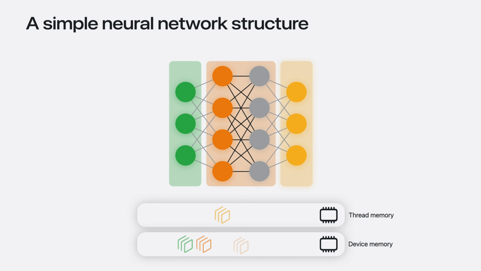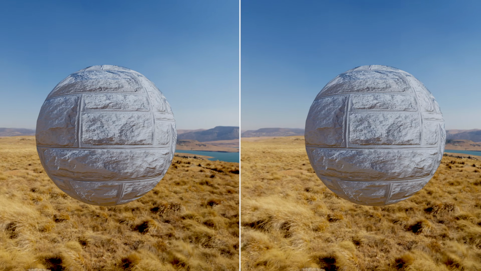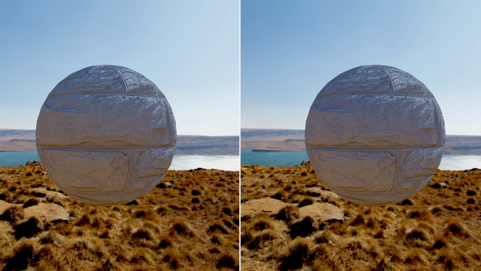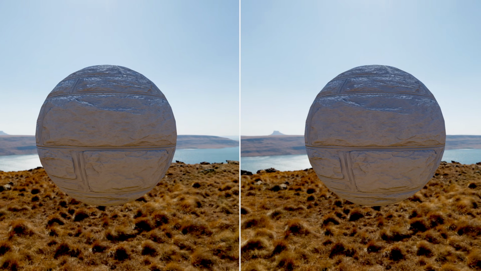You can now repeat the same operation of matrix multiplication and activation for the next layer, and all the subsequent layers, all the way to the output layer, where you can store the resulting tensor and leverage the result in your compute shader immediately or at a later stage. On the left, there is the ground truth render computed using ray tracing. On the right, the neural rendering version.